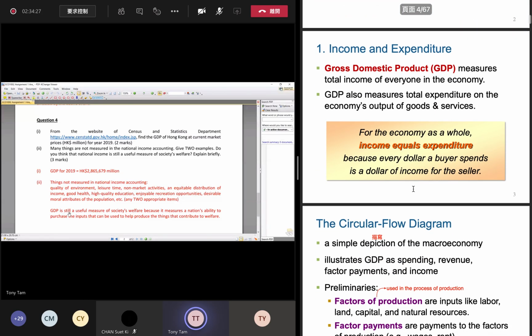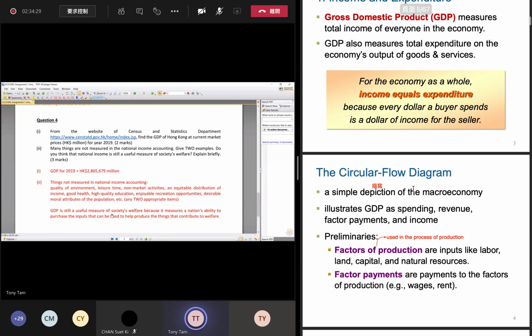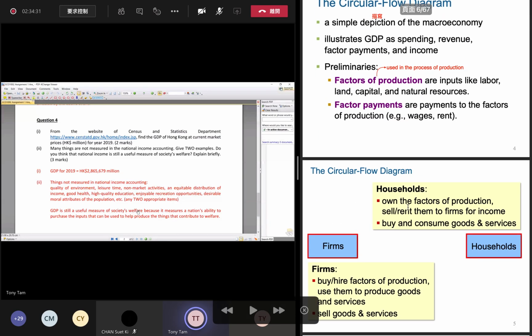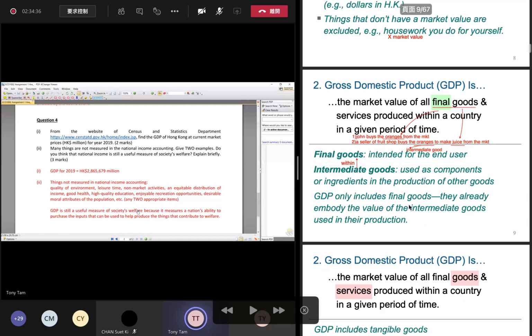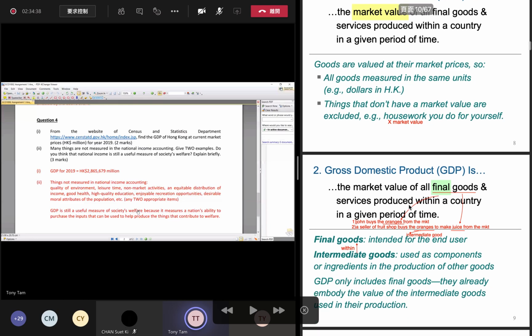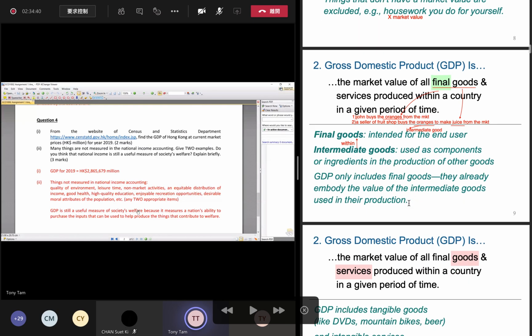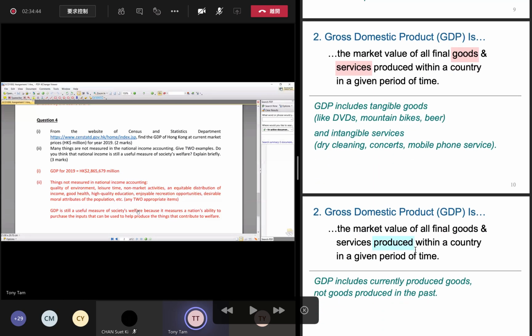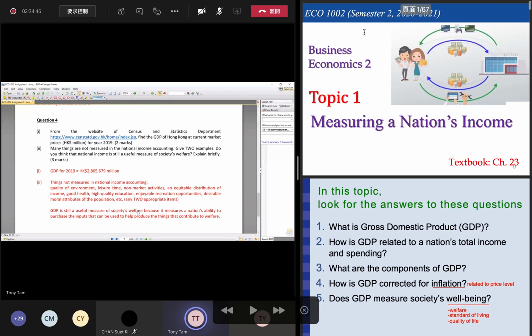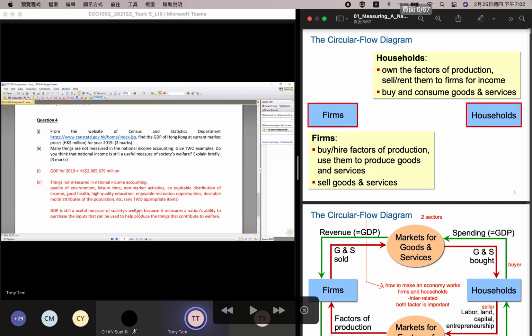Here, GDP is still a useful measure of society's well-being. That is what I keep saying in the lecture from the beginning up to now. Why do we always say GDP is, so far, the best indicator?